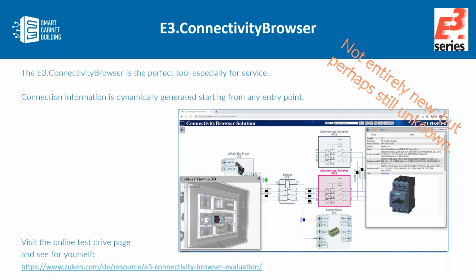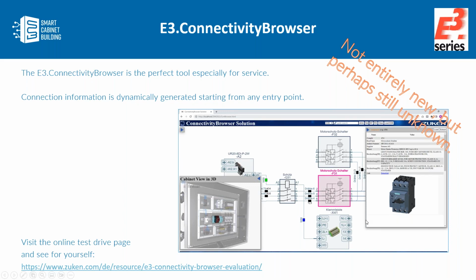So it's maybe not perfect for service, and in this case you have always individual. You can highlight or open some additional information about the devices, or you can see where it is located in the panel, in the cabinet, and so on.